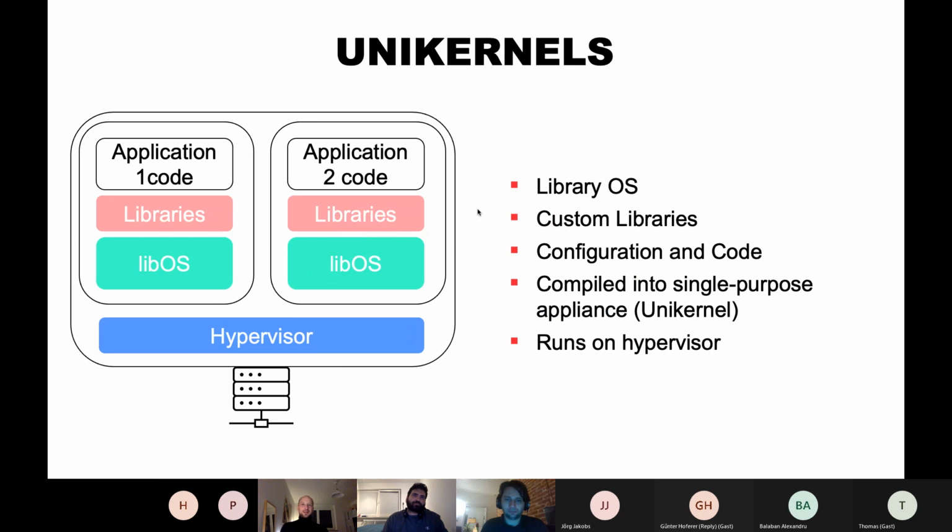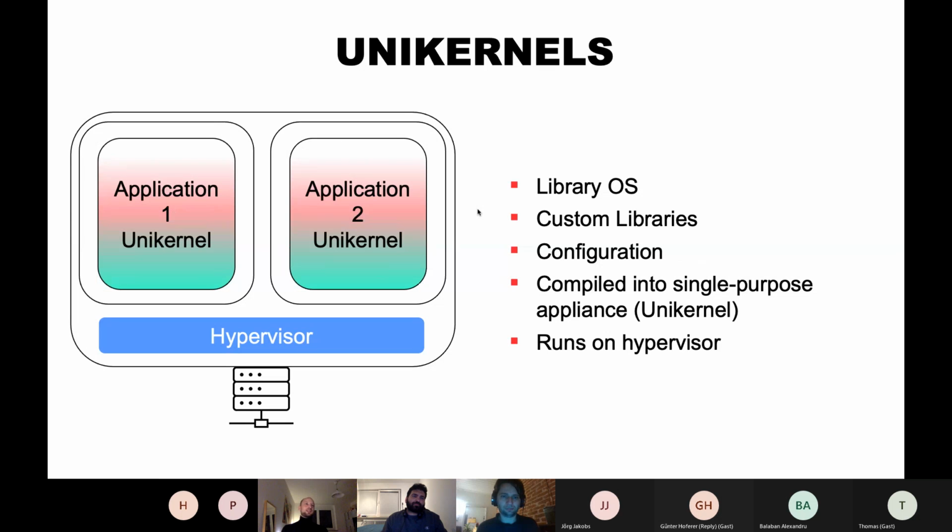So instead of actually just running the application directly on the hypervisor, we still have to use some sort of operating system. And the answer here is a library operating system. Together with the custom libraries that you use and your own code that you write, you take the library operating system and compile it, once your application is done, into an executable image for the hypervisor, which is then called a unikernel. And you see that here everything is fused into one unit rather than having a separately compiled operating system that offers interfaces to the application.